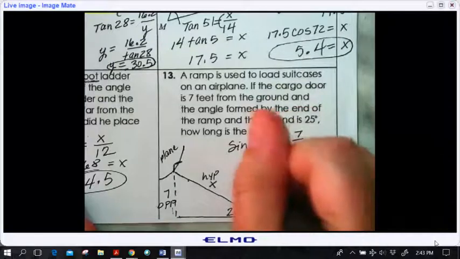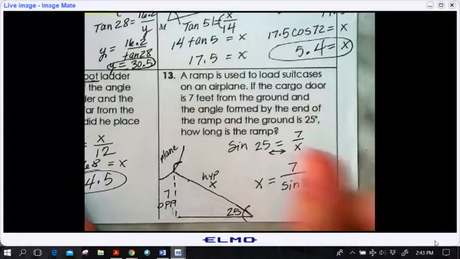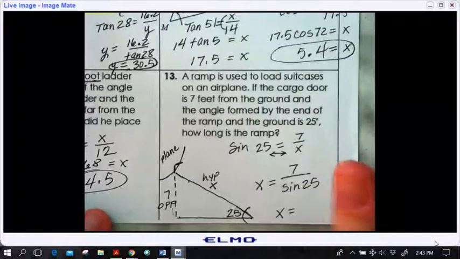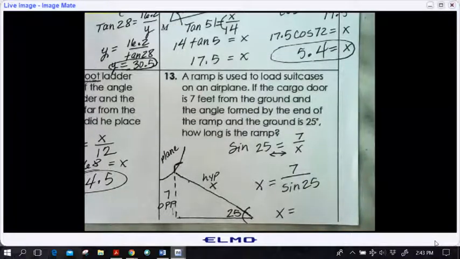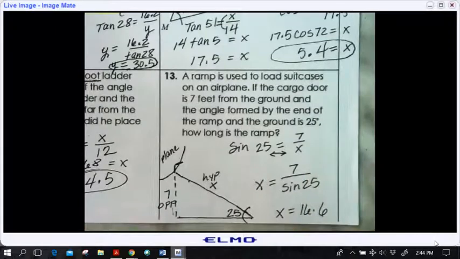So x equals 7 divided by sine of 25. Again, we just type that into Desmos, and I'm going to get 4.8. No, I'm sorry, 16.6. I was looking at the wrong number.